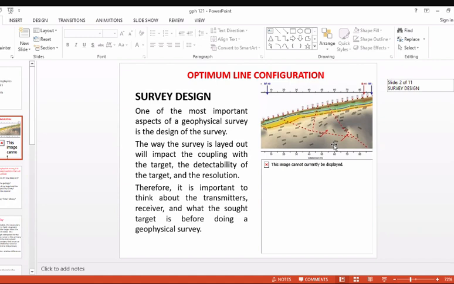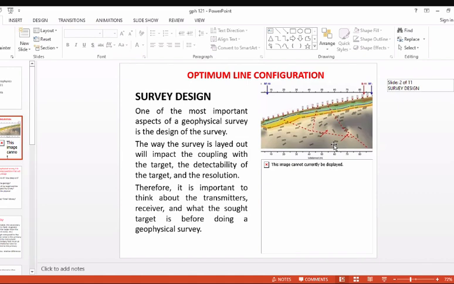It must be perpendicular to the geological strike, and that is what the two arrows show, perpendicular to that line that is like a dash or dotted line.